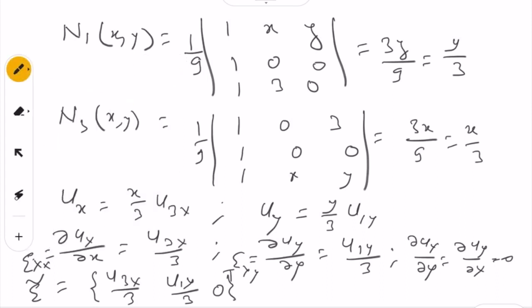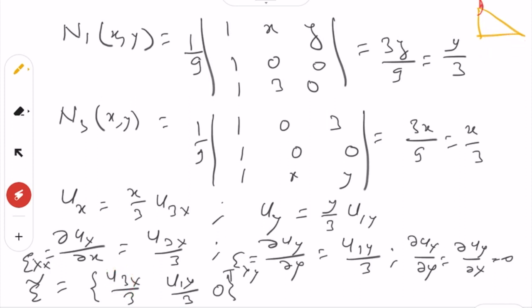In x direction this one is fixed, so whatever displacement at this node, this displacement divided by the length from here to here should give you the strain in that direction.